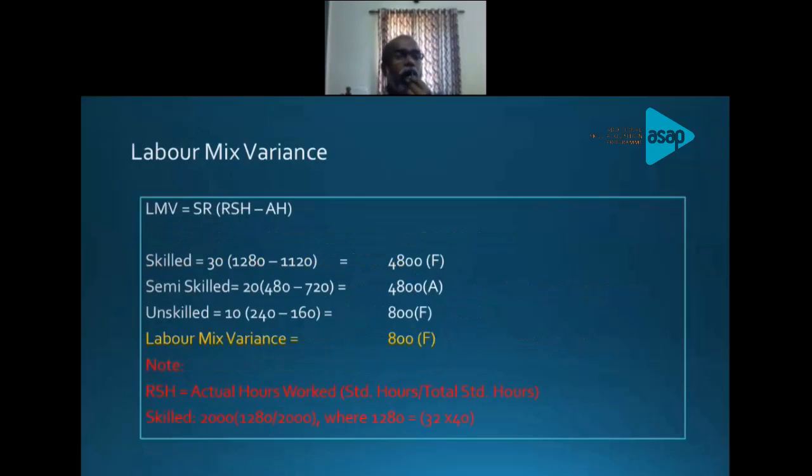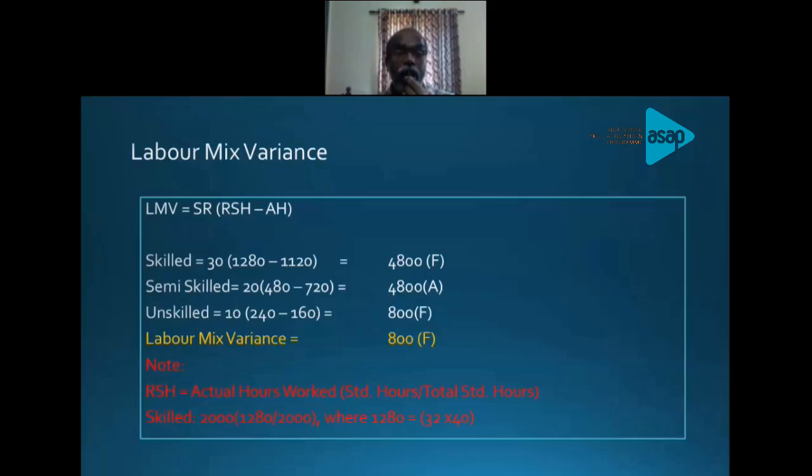So as far as skilled workers are concerned, their standard rate is 30, revised standard is 1280. Here there is no difference between revised standard and the standard because the actual hours and the total standard hours are same. Actual hours is computed from the question. Actual number of workers 50 into 40, 2000. The total standard number of workers is 50 into 40, that is 2000.